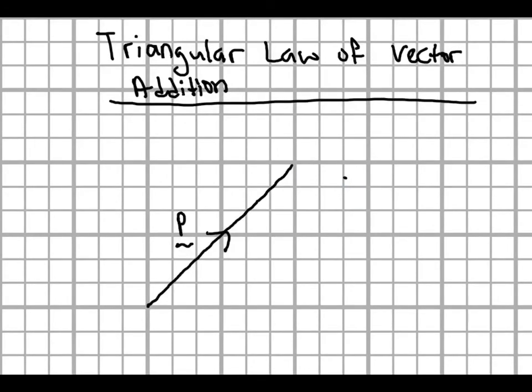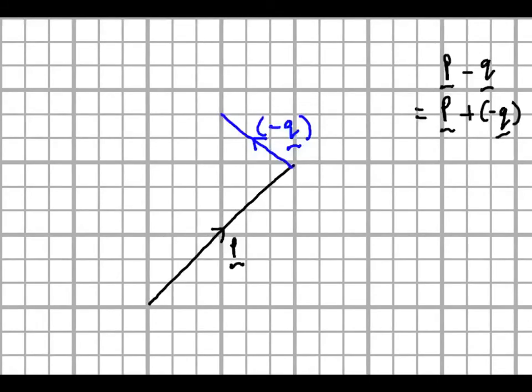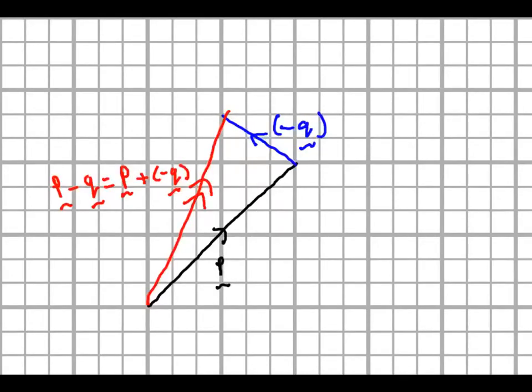I will use the triangular law, which you have already learned previously. So the first step, I draw a vector first. I choose to draw vector P first. Next, I draw the vector minus Q at the end point of the first vector. And lastly, we complete the triangle.